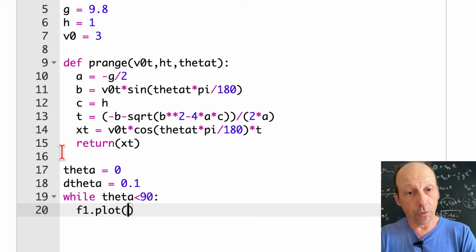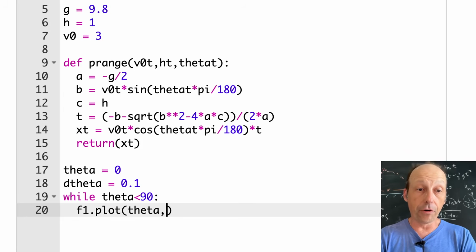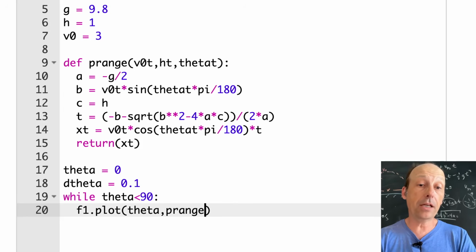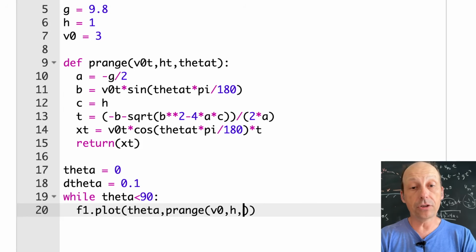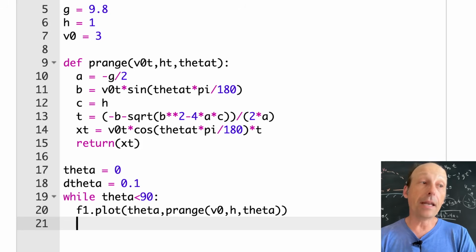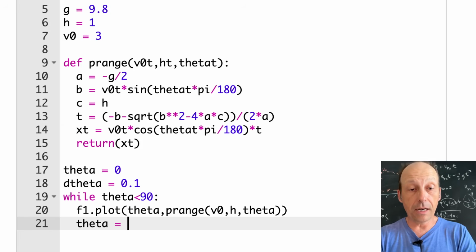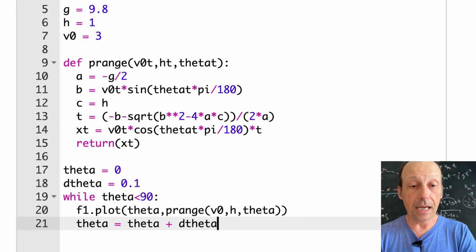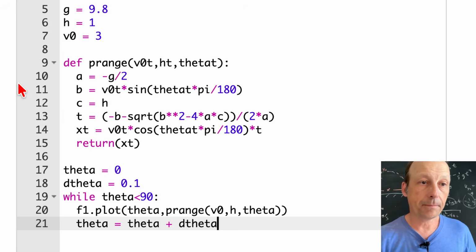I want to plot on the horizontal axis theta, and on the vertical axis I'm going to plot prange of v0, h, theta. Spell it correctly. And now if I don't increase the value of theta, bad things will happen. So theta equals theta plus d theta, and that should work.